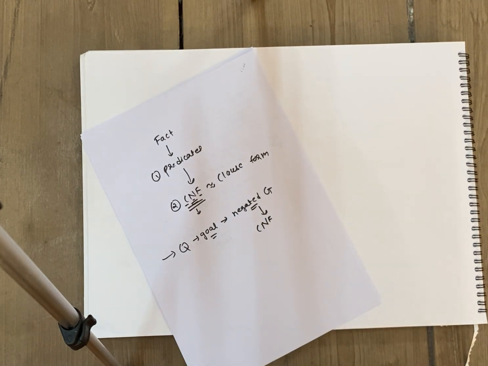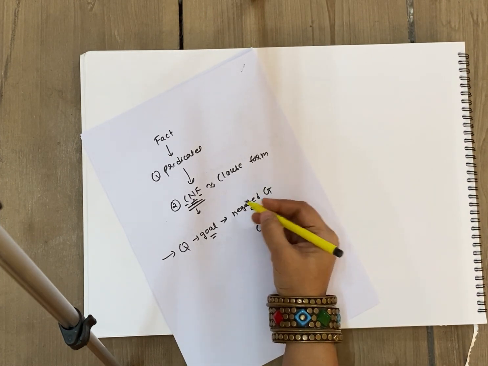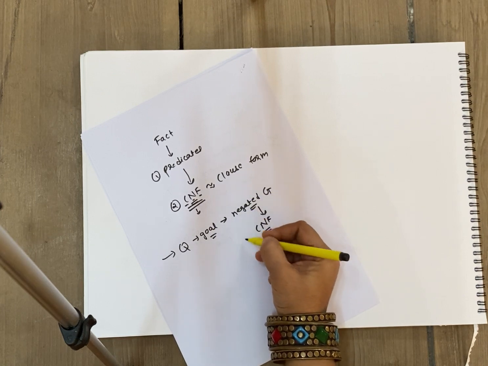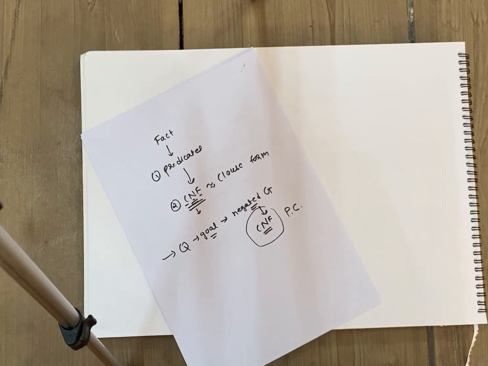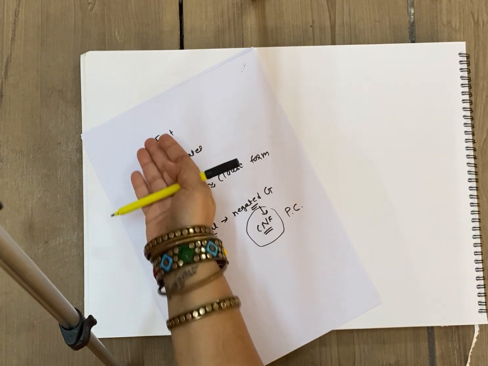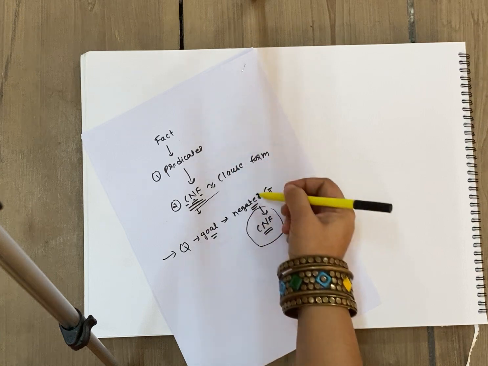And after doing this, this negated goal converted to conjunctive normal form will be considered as the parent clause for applying resolution. Now, whatever number of different literals it has, we have to identify one of the literals and search for that literal in the reverse consideration in any of the CNF clauses we have.